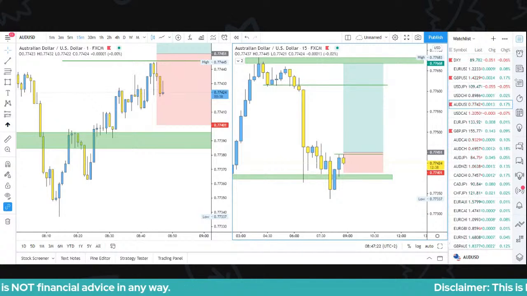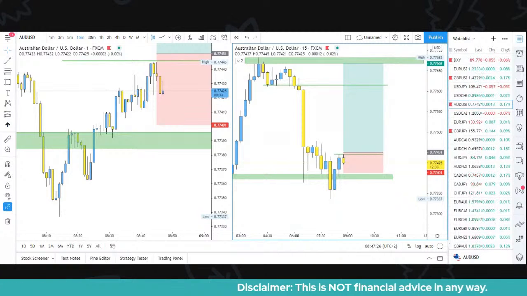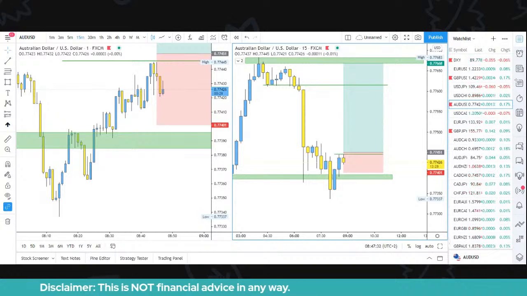There we go. That's 3 pips. Because I am expecting pound USD to move up, it shouldn't move against me. If it does move against me, I'm losing 0.5%.